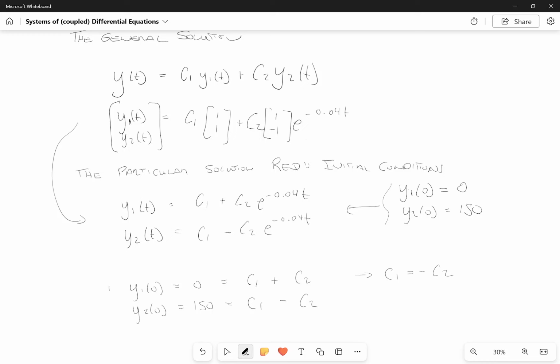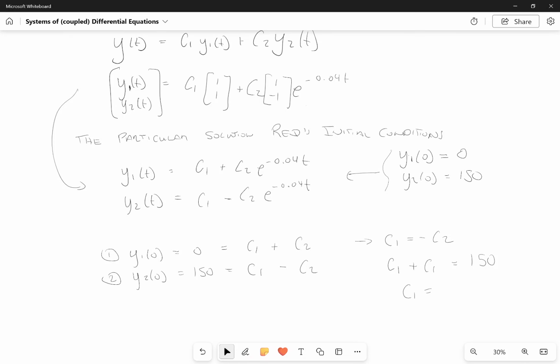This is equation 1, this is equation 2. If we sub equation 1 into equation 2, it becomes c1 plus c1 equals 150. So c1 equals 150 over 2, which is 75, which means that c2 equals negative 75.